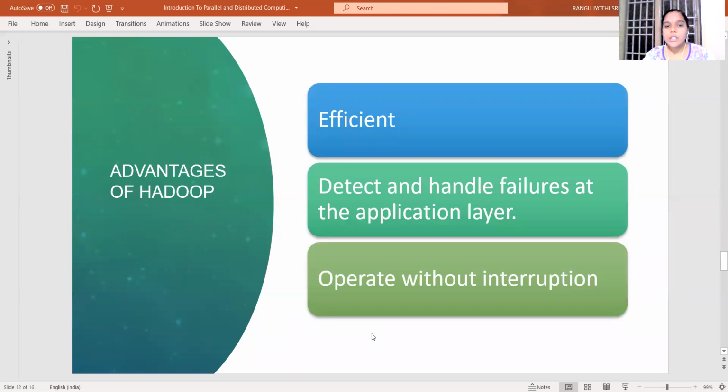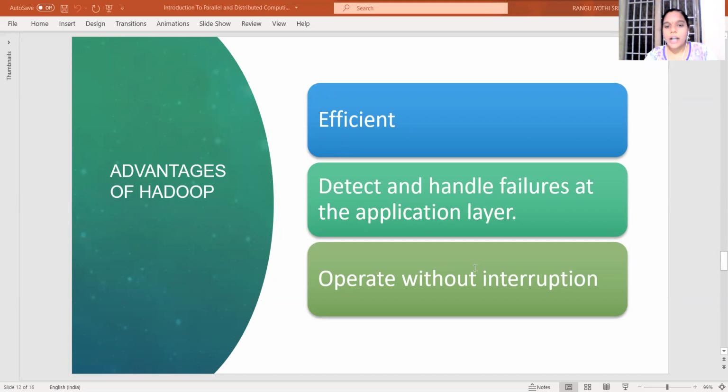Coming to the advantages of Hadoop, it is very efficient because the Hadoop framework allows the users to write and test distributed systems. It automatically distributes the data and work across the machines, and in turn it utilizes the underlying parallelism of CPU cores.